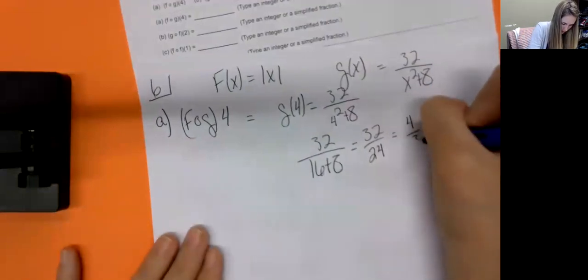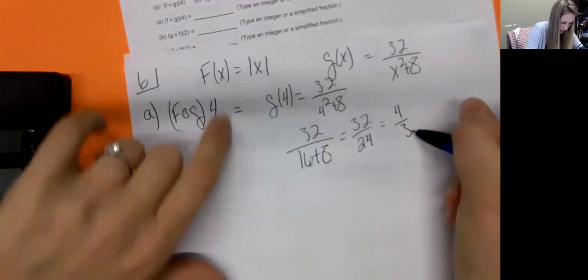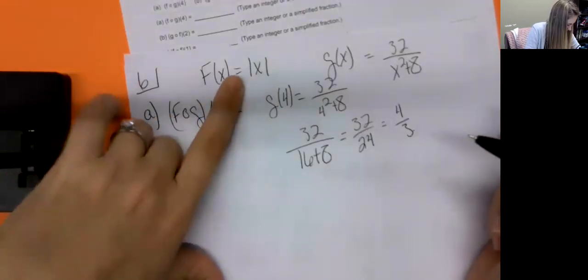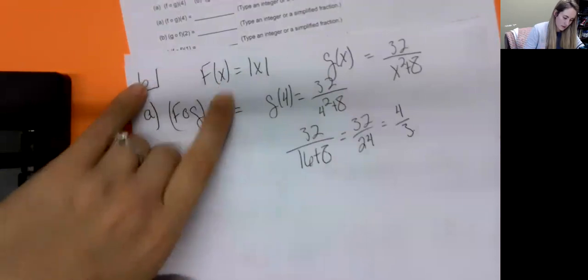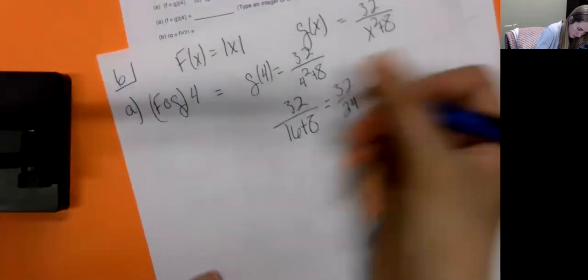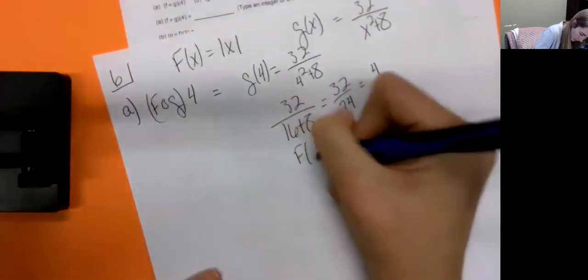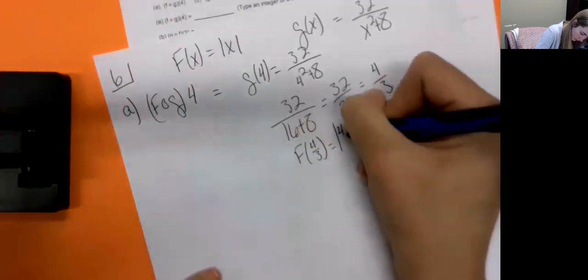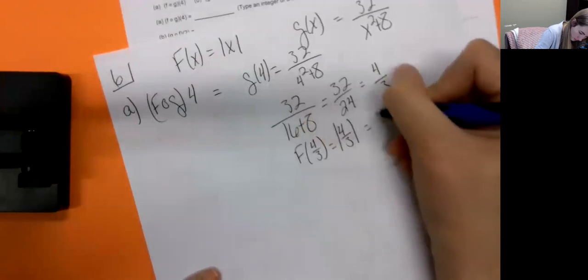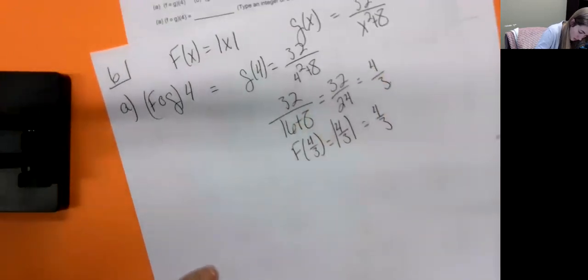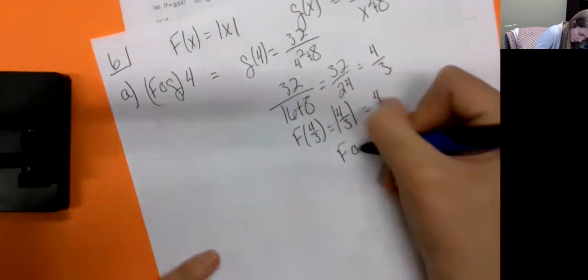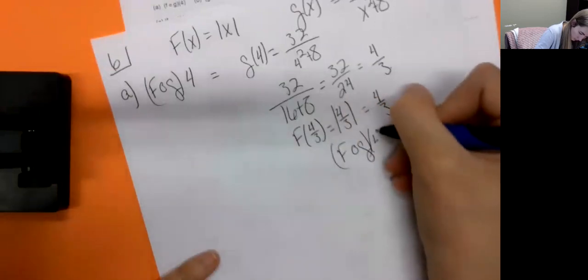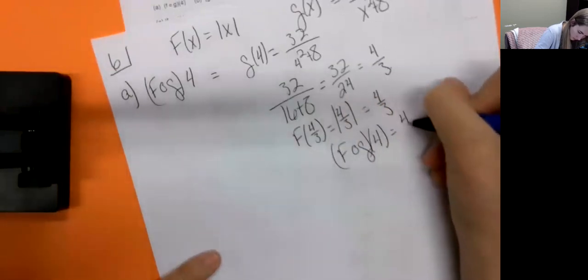So you have 4/3. Then we're going to substitute 4/3 into our f function, and since it's the absolute value, it's just going to be the same, but I'll still write it out. So f of 4/3 equals the absolute value of 4/3, which is 4/3. So f of g of 4 equals 4/3.